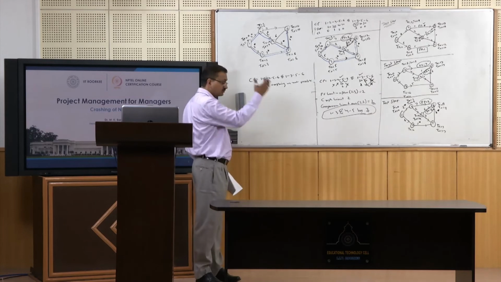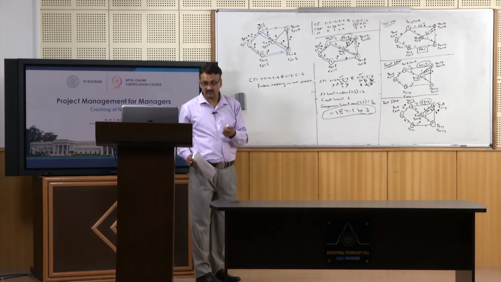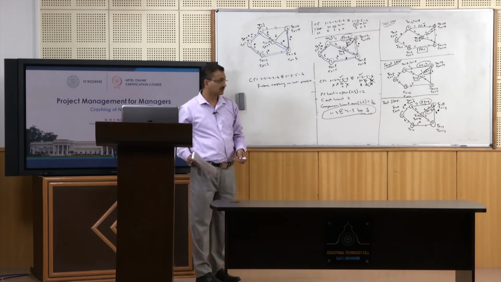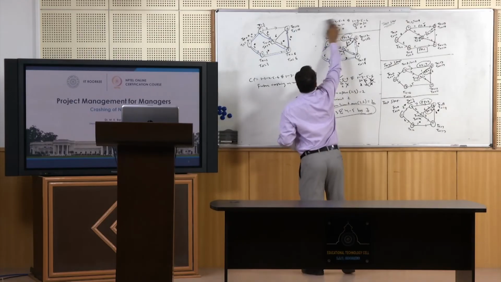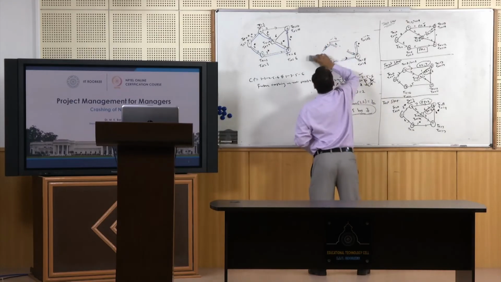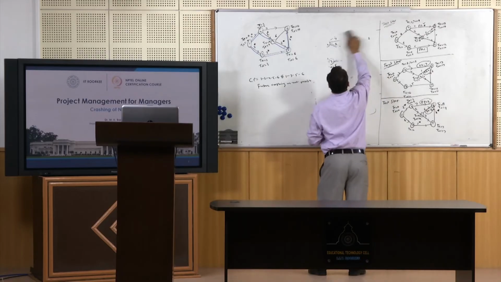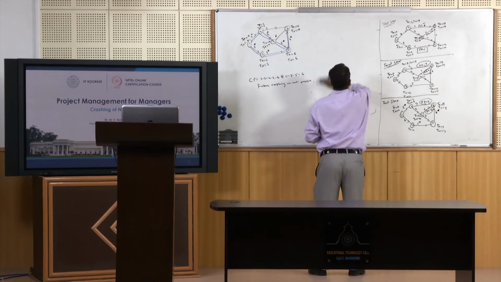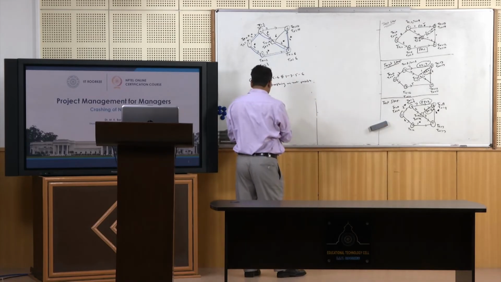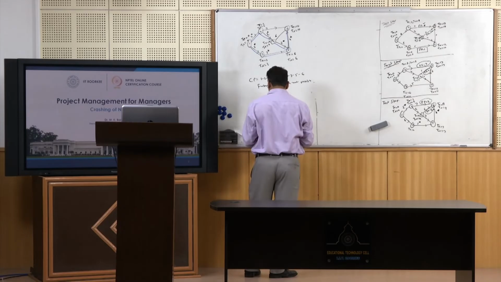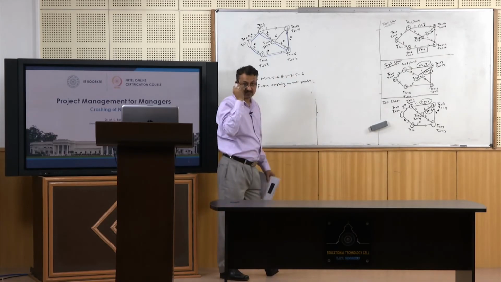We have done so much of calculations. Let us find out what is the exact answer to this question. So let us find out total cost. For this question, in fact we have done several iterations.